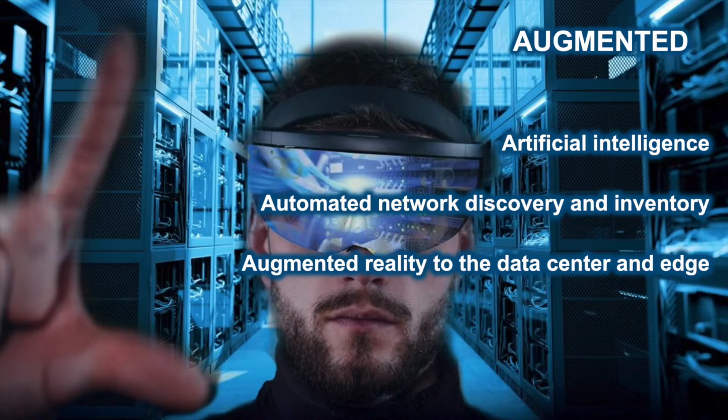We also start seeing, as we've mentioned, the ability to do automated network discovery and inventory so that you can automatically see how assets are being placed, how they are connected, and what potential impact they could have if those particular assets became unavailable.